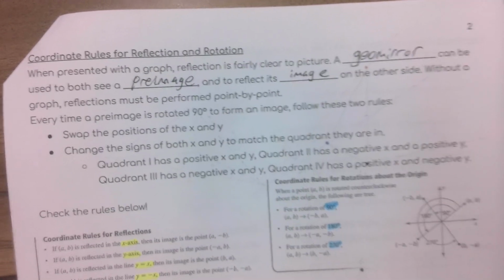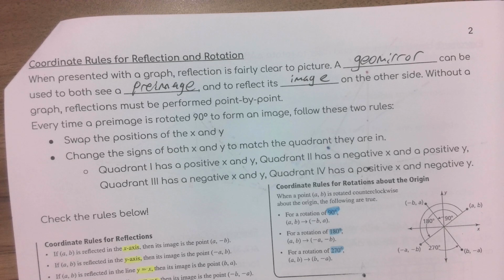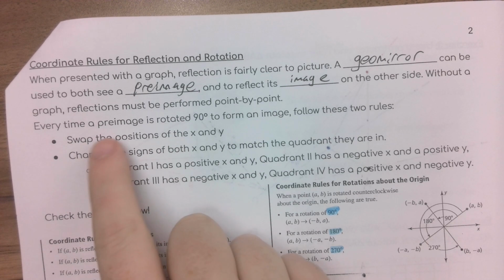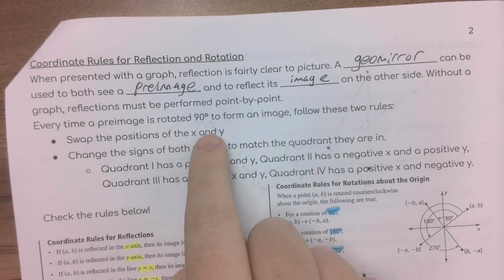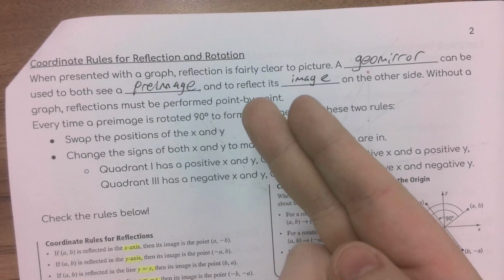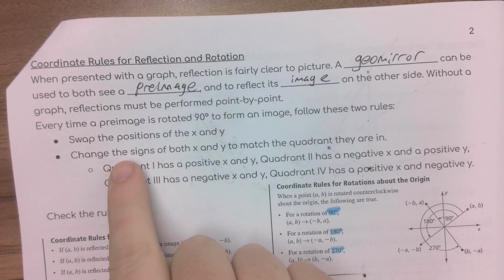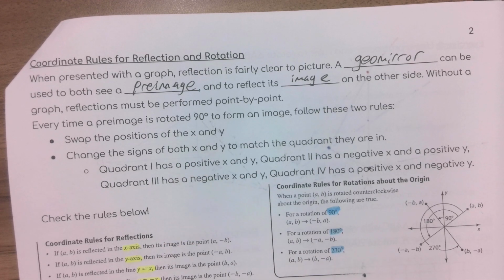Here's the rules for rotation, 90 degrees. Anytime you rotate a pre-image 90 degrees, there's 2 things you have to do. Number 1, swap your x and y values, so flip them backwards. Number 2, change the signs of x and y to match the quadrant they're in.